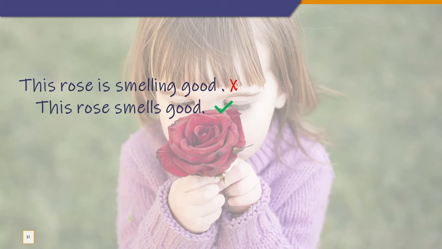Similar to the sense of taste, you don't say this rose is smelling good, because when you add is, the meaning of that sentence is that the rose is actually doing the action of smelling. But here we are talking about the smell of the rose, the condition of the rose. So you just say this rose smells good.